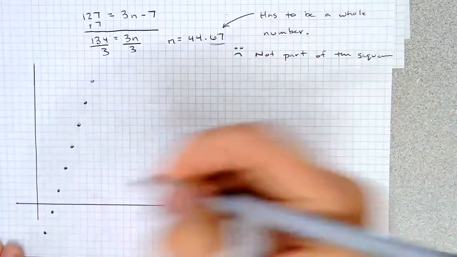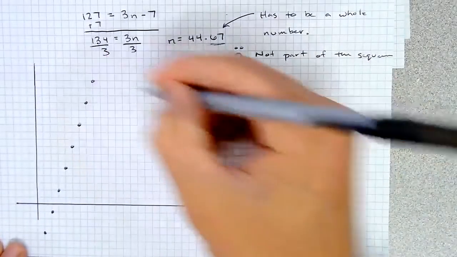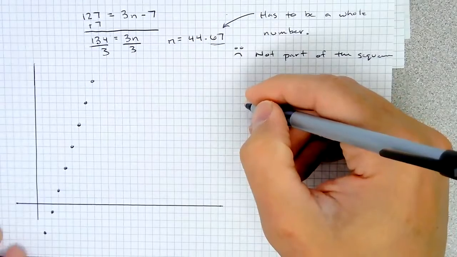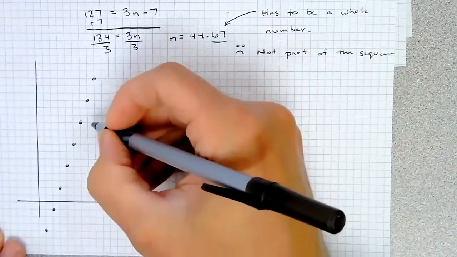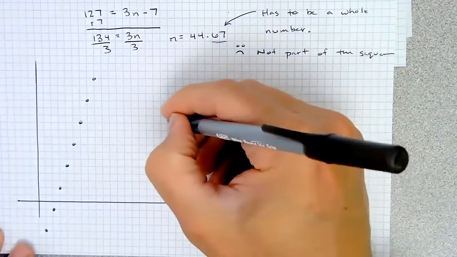Notice I'm just plotting the points. We talked about this before we left for break. Whenever we're not connecting the points, that is called a discrete graph.